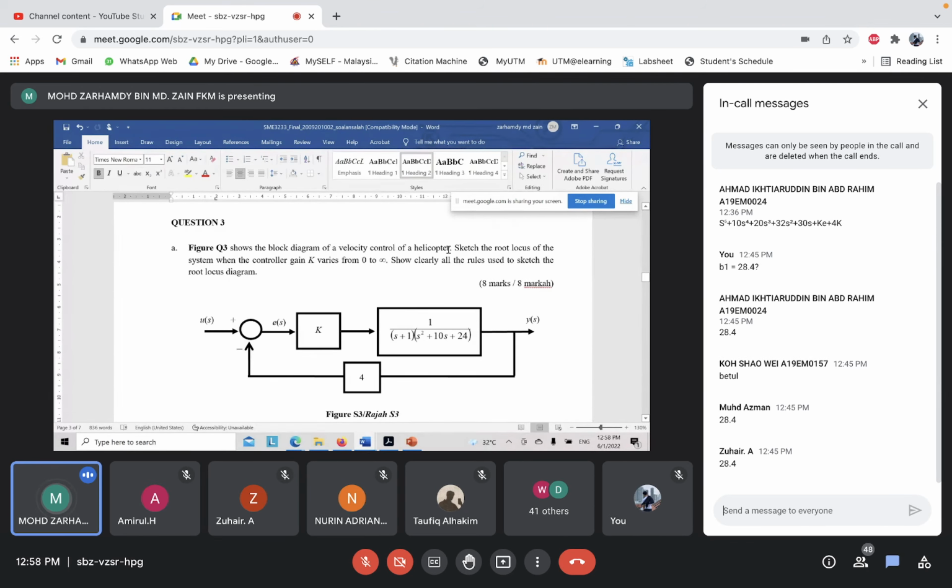Root locus is important. In test 2, they may provide 30 marks over 25. Normally 5 marks are for showing the Routh array, and the rest 8 marks are for sketching the root locus diagram.